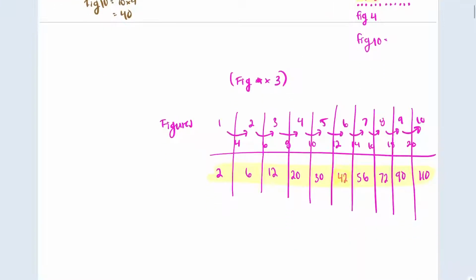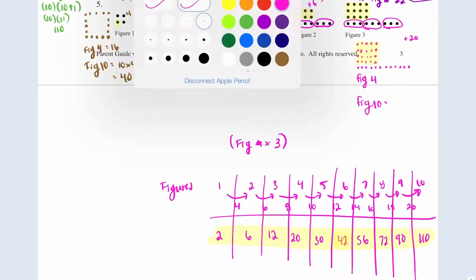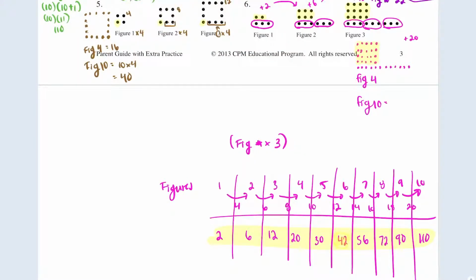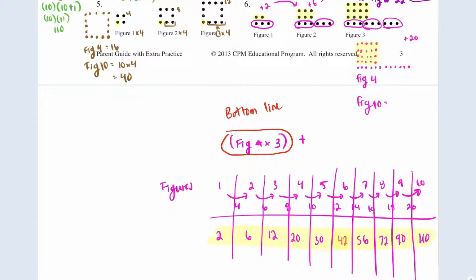So actually, I'm noticing another pattern here, but I'm going to continue with what I'm doing. So I know that this is that bottom line of dots. So this right here, I'm going to circle this. This is the bottom line of dots. Okay, and then I'm adding a certain amount, which would be the highlighted section.